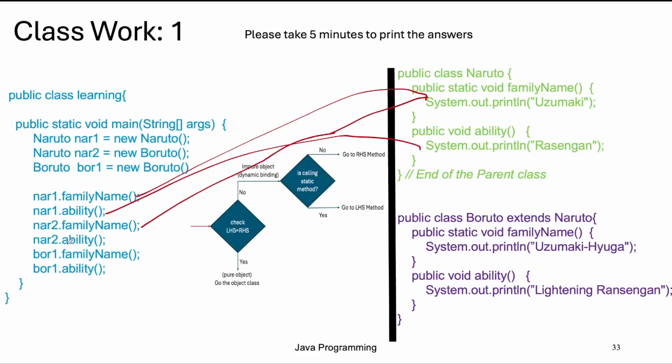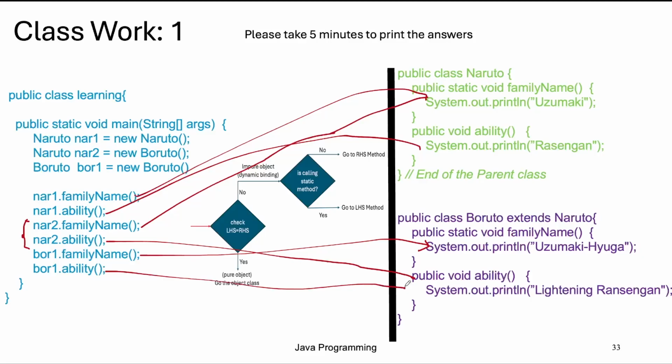For a non-static method like ability, we go to the child and we will print here. So here it varies, okay? In the dynamic binding, it varies here, okay? Here for both it is a pure object, so it simply goes to the Boruto class and prints Uzumaki Hyuga. For ability, it goes into the ability function and prints lightning Rasengan. So this is how it happens.